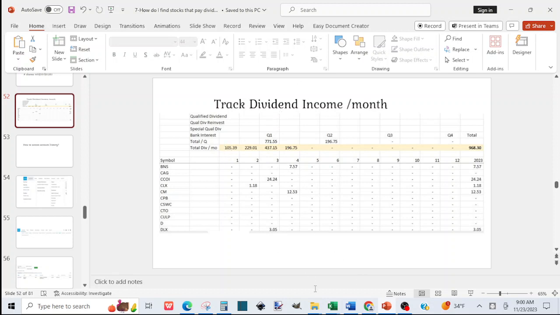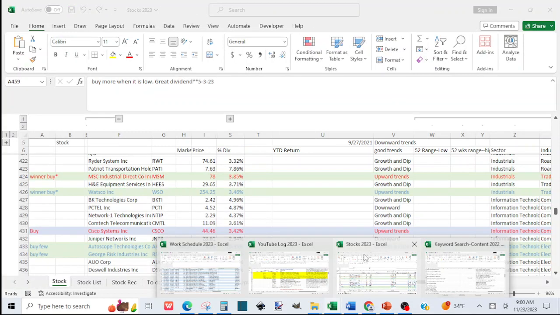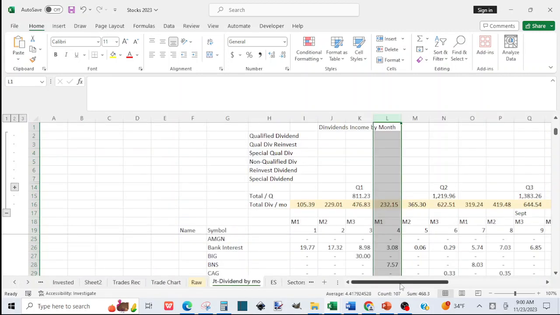If you are tracking your dividend stocks, there are ways to do that. You can do it manually.